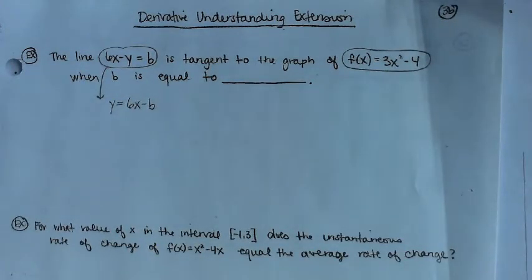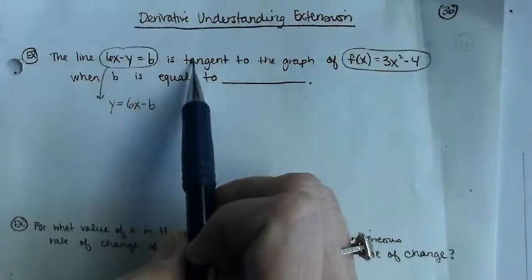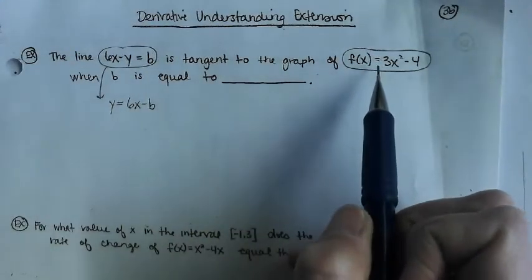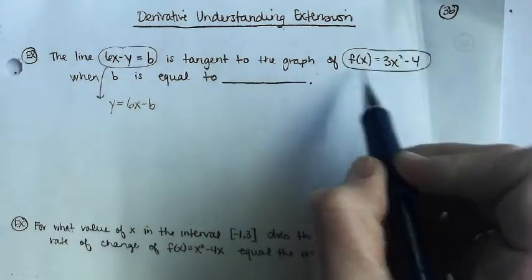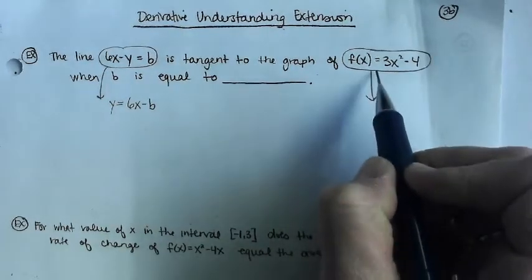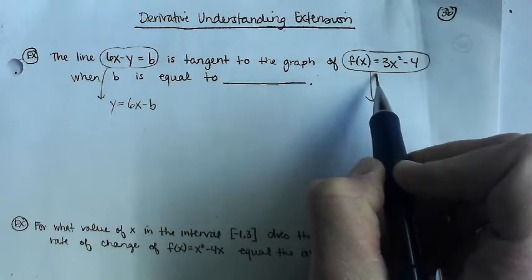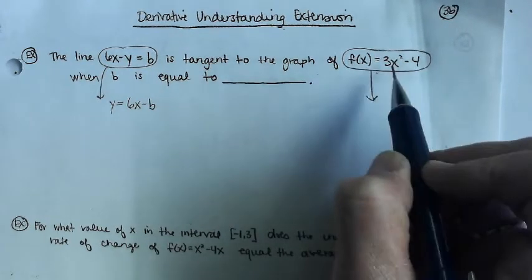Okay. So this line being tangent to that function means that we need to find the place on this graph that has a slope of 6. So we need to find the derivative.